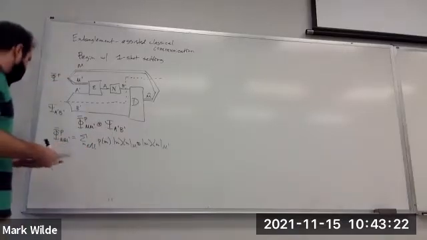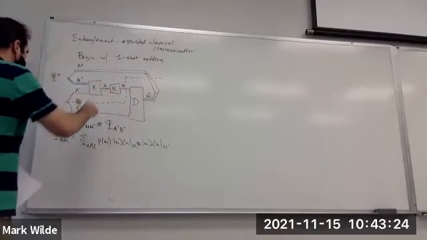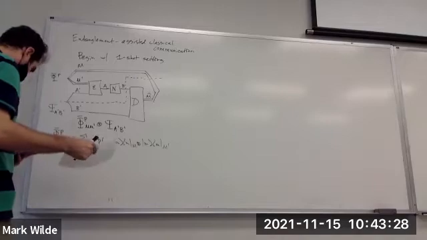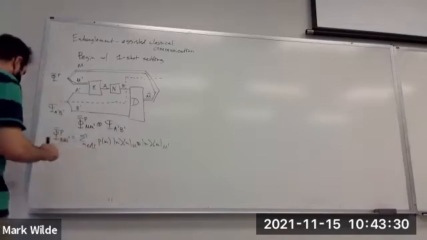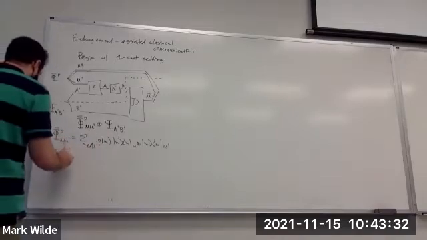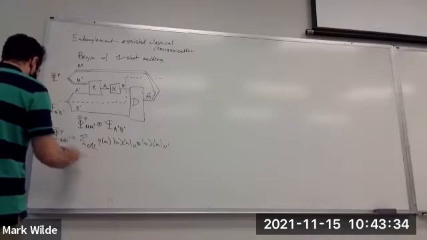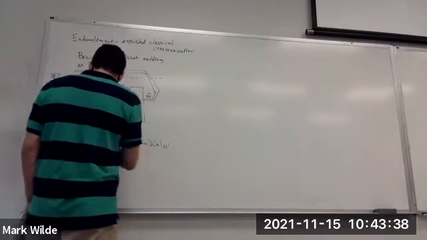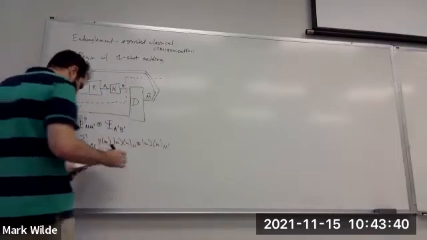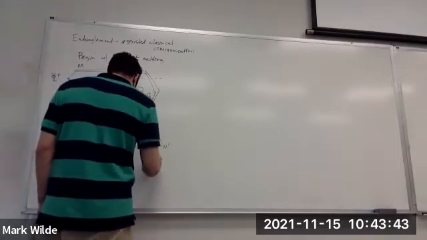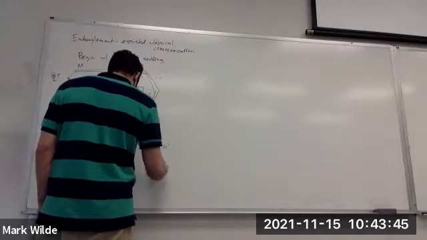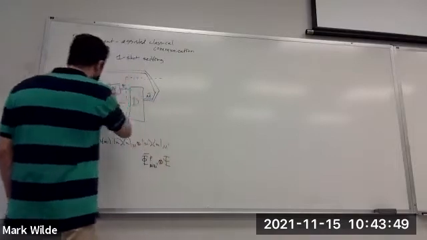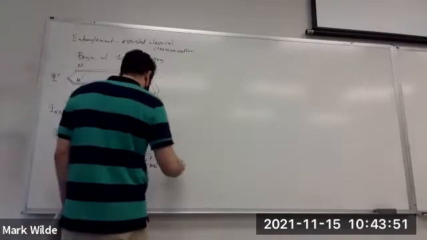So the encoding and decoding together, along with the channel, lead to a final state. We'll call it omega. That's the final Greek letter. It acts on this initial state. Now we're just drawing out the math corresponding to this diagram.